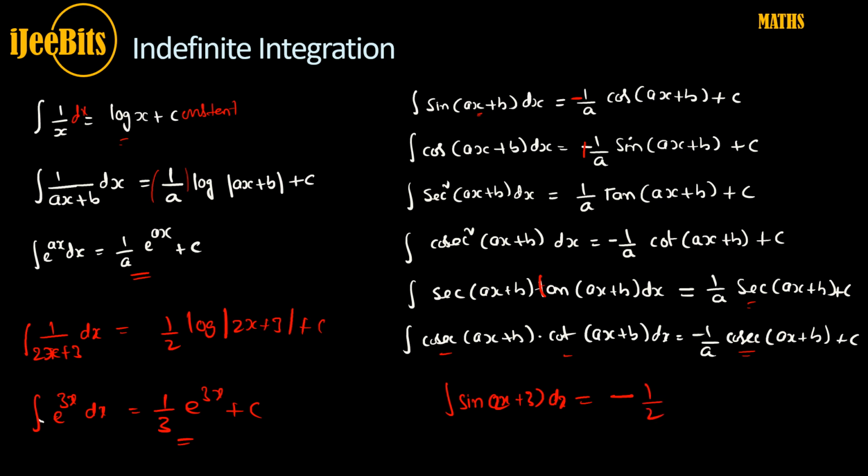In place of a we have 2, so 1 by 2 and apply cos of ax plus b, that means cos of 2x plus 3, plus constant c. This is what you will get. Likewise you can solve the problems. I hope you are clear.